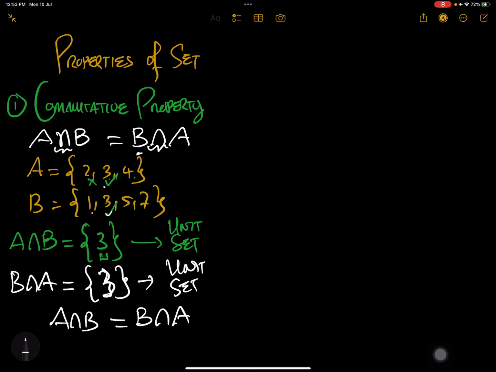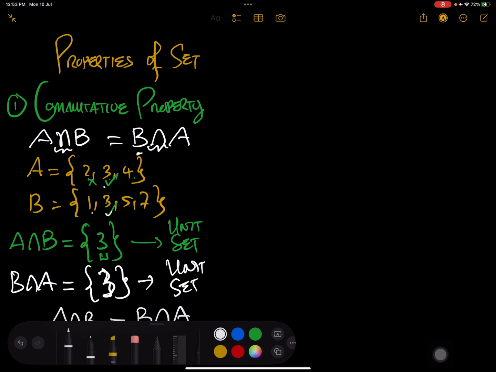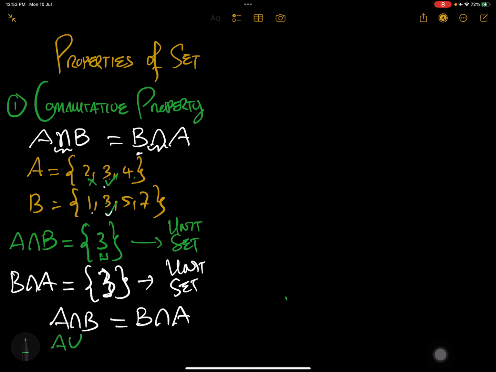Now it also holds for the union, for the same property. So if we are looking for A union B, A union B is to join the A and the B together, and to join it, we are going to get 1, 2, 3, 4, 5, and 7. That's A union B. Now, if we want to do B union A, it's also going to be the same thing.